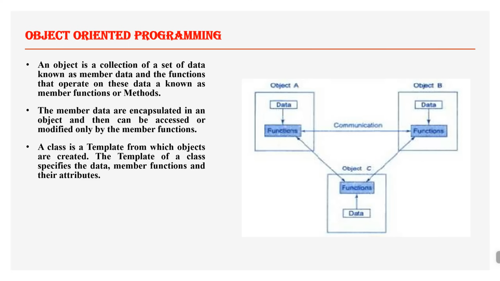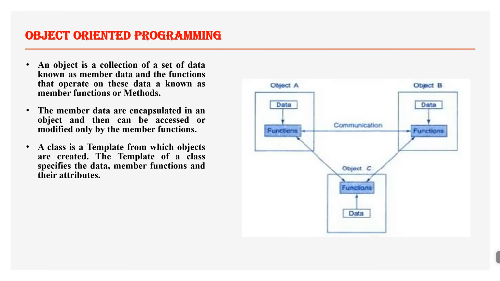Member data are the data defined by the programmer, and functions will operate on those data, either to read the data, to get the data for computation, or to display the resultant data, whatever it may be. So methods are used to access those member data.